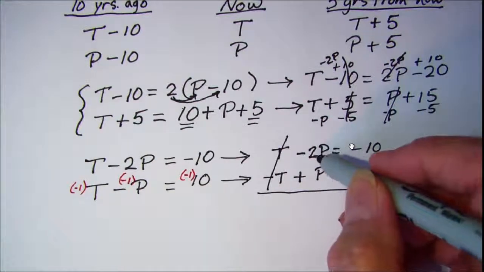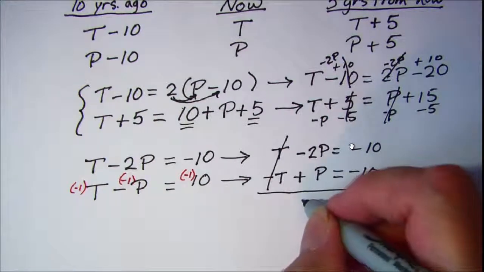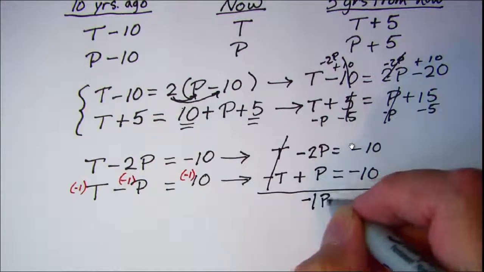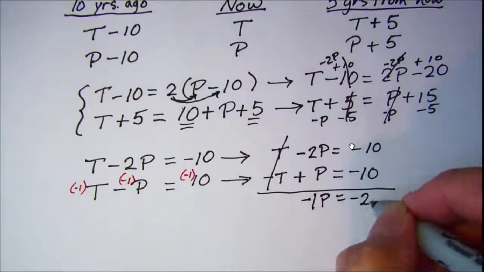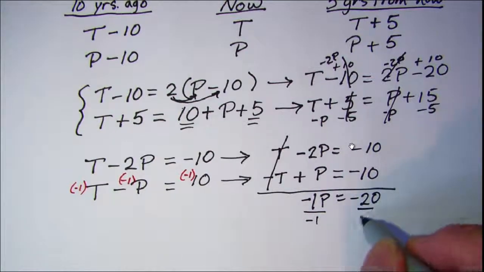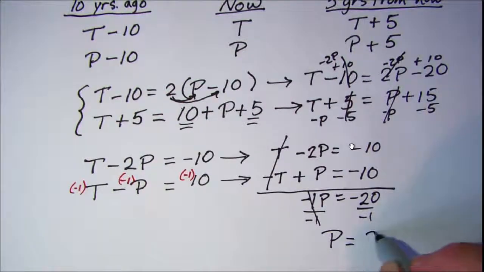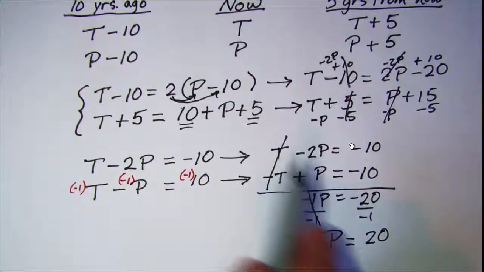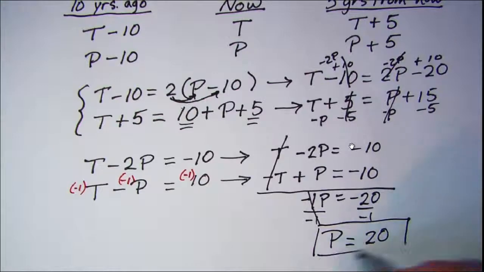I have a -2p and a +1p is a -1p. And -10 and -10 is -20. I can divide by a -1 on both sides to isolate the p, and I get p is equal to +20. So this is Patricia's age now, is 20 years old.